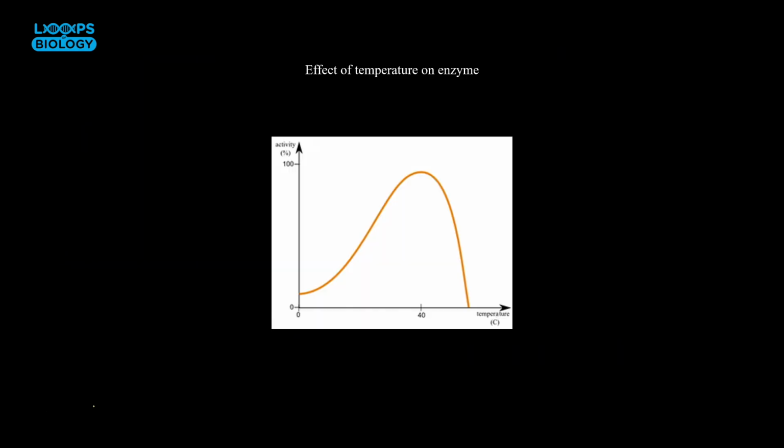But whenever we are coming to the next part, that is the effect of temperature on enzyme, in that case we can see that enzyme activity increases as the temperature is increased, but only till one point.